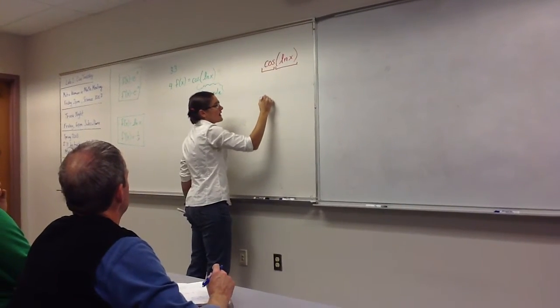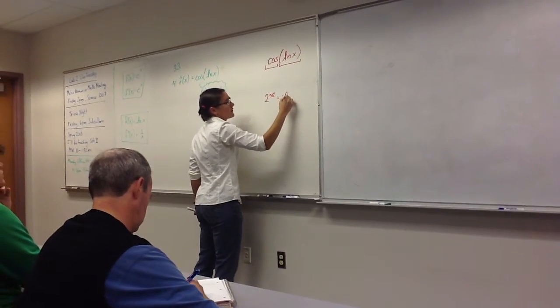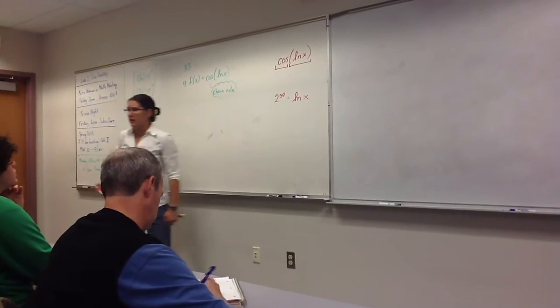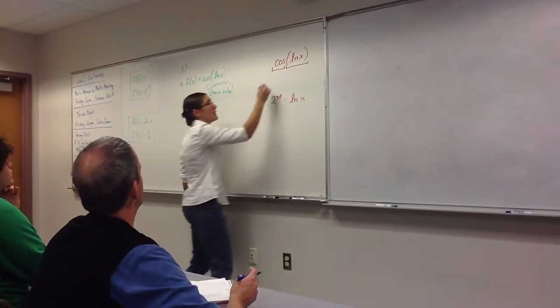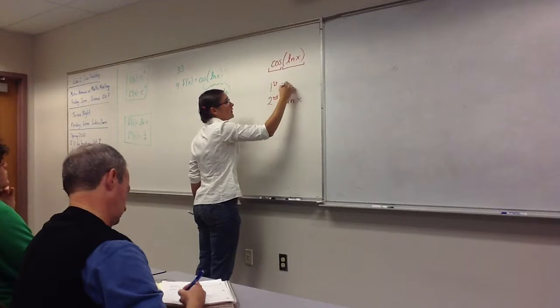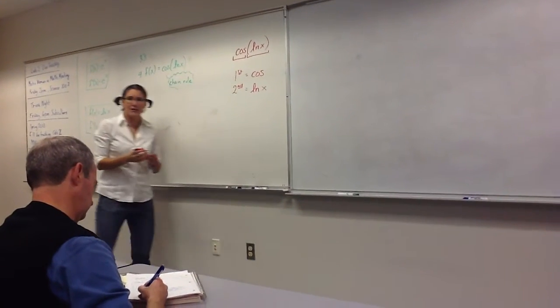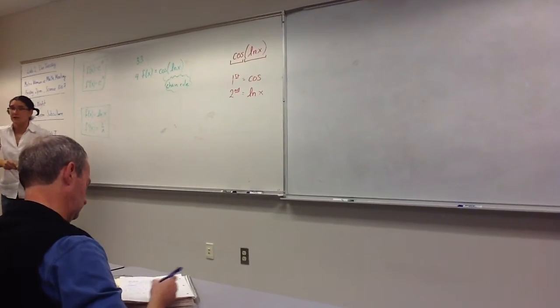The second function is fine because natural log of x is a function, and that's perfectly legitimate. But my first function would be just plain cos.